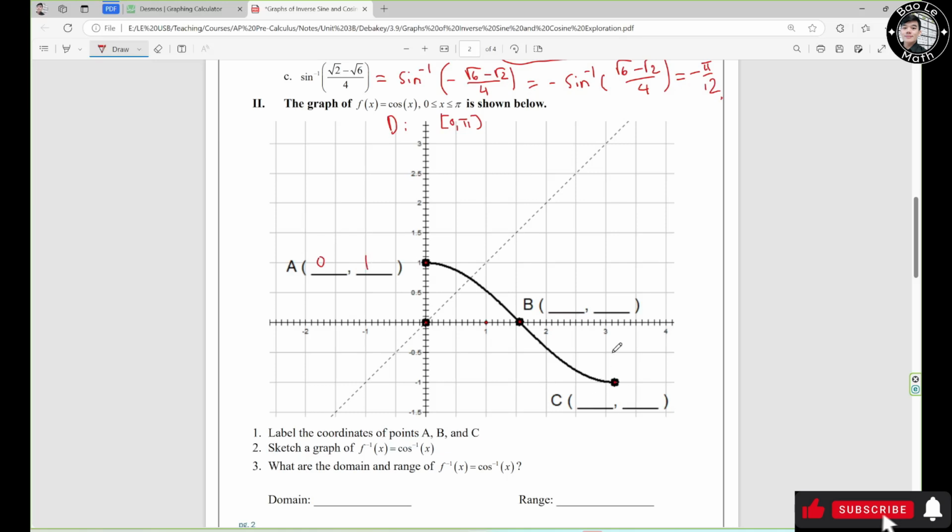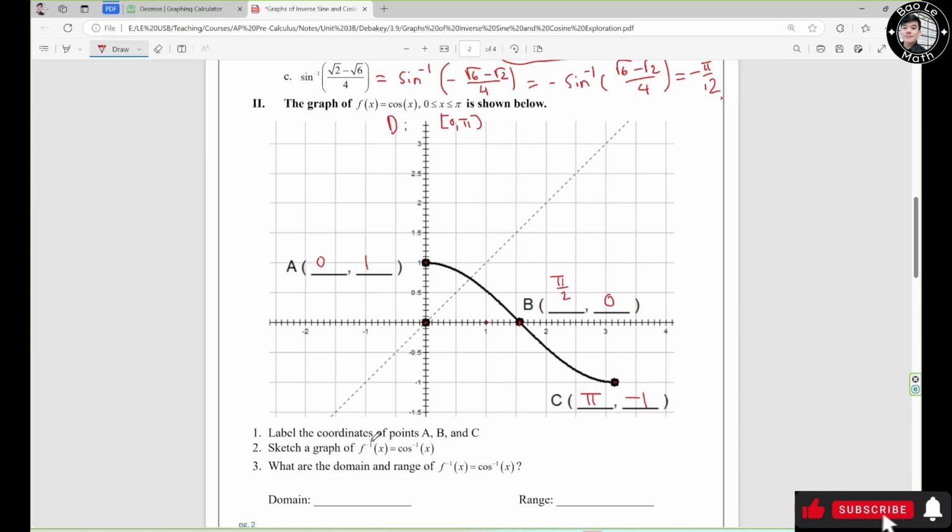Now point C right here, this is 3.14, so this is actually pi and negative 1. Now, this is the midpoint, so we just take pi as 0 and divide by 2. So this is actually pi over 2, and then this one should be 0, right?